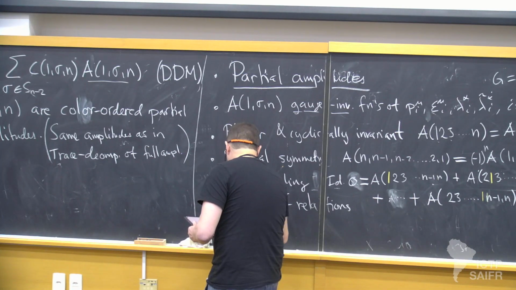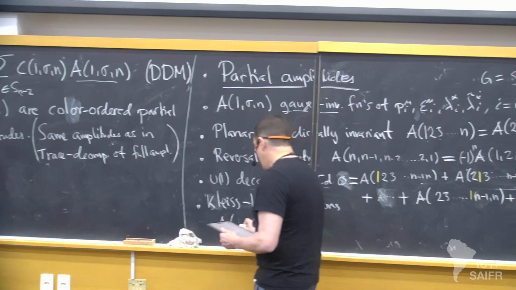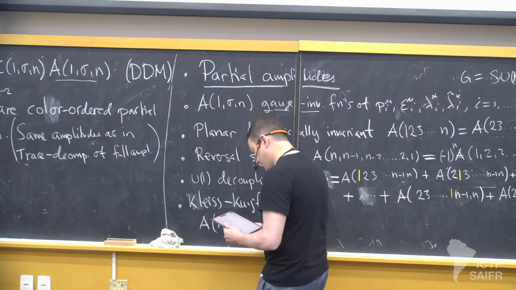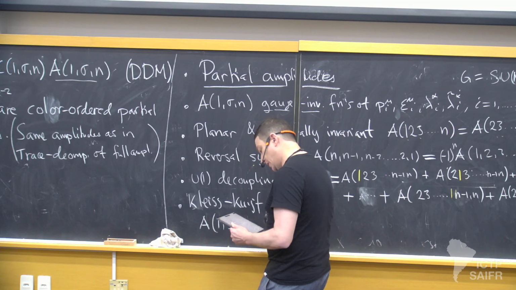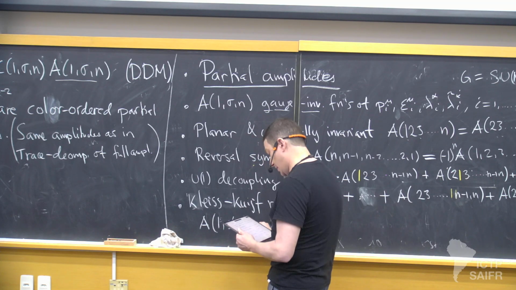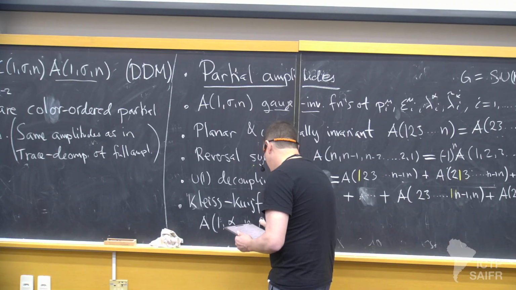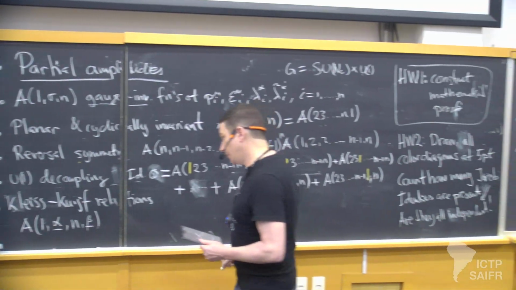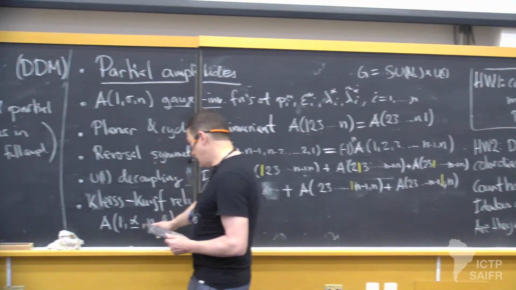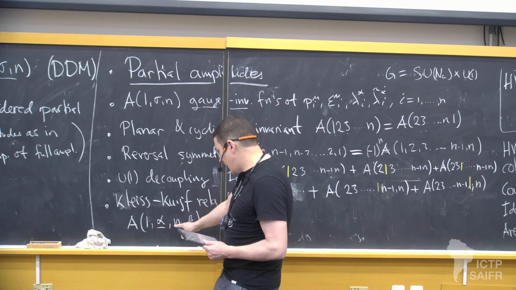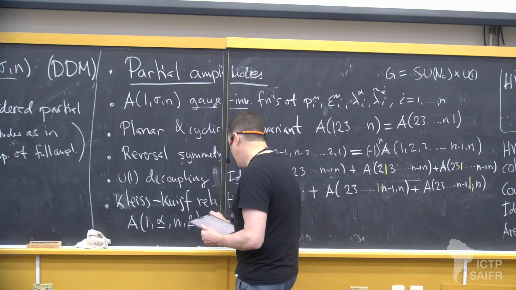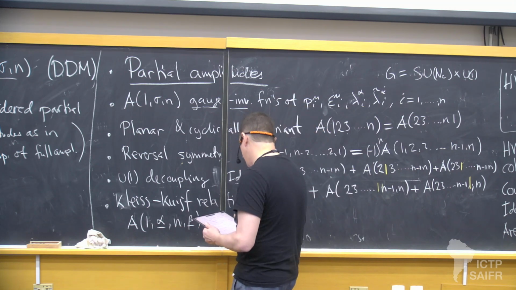If you take an amplitude where you put 1 first, then some set alpha, then particle n, and then another set beta, it turns out that you can always move leg n to the very end, past all of this beta set.